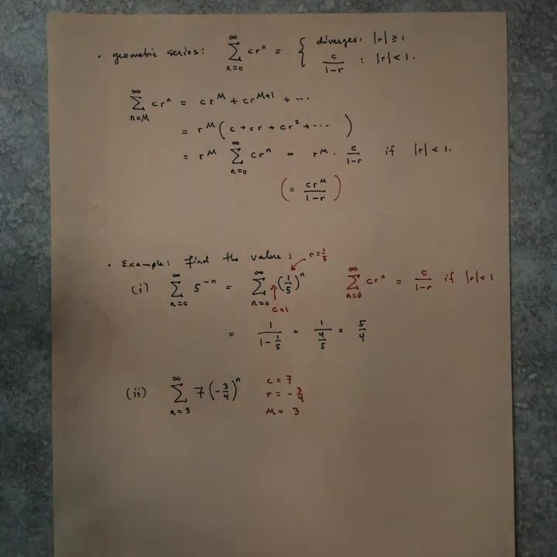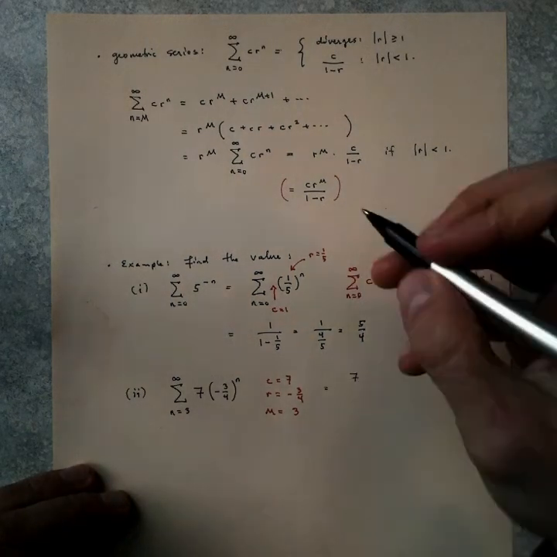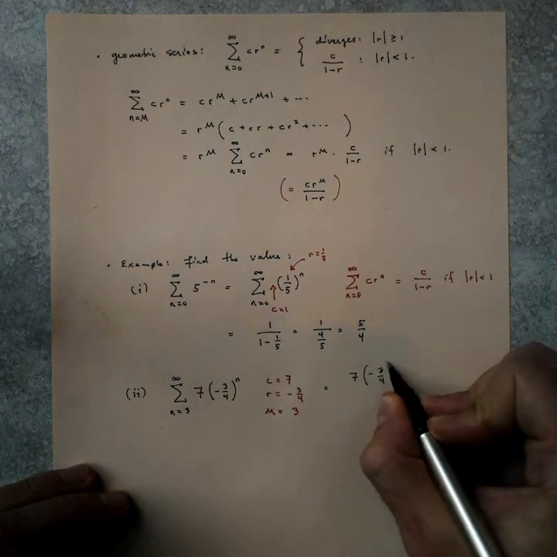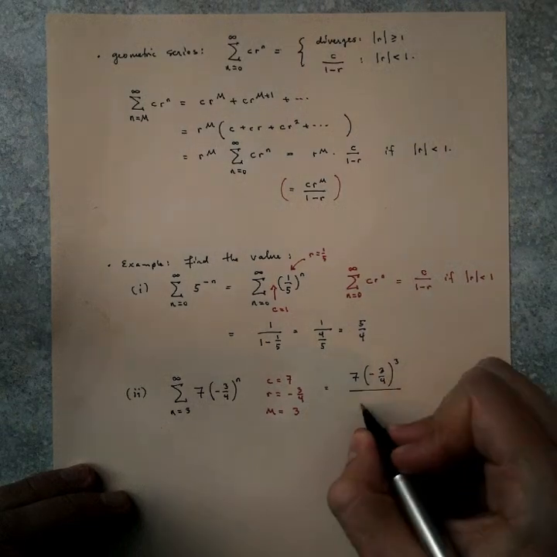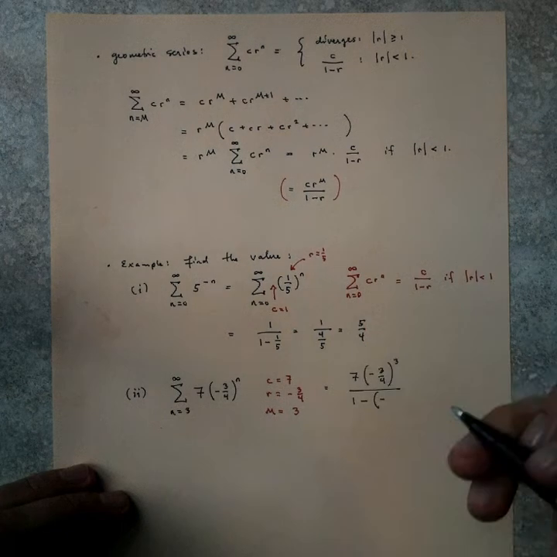So this guy is equal to c, r to the M is going to be negative 3/4 to the 3, divided by 1 minus r.